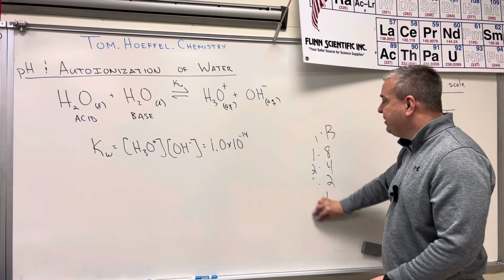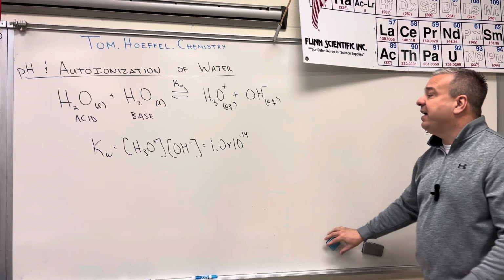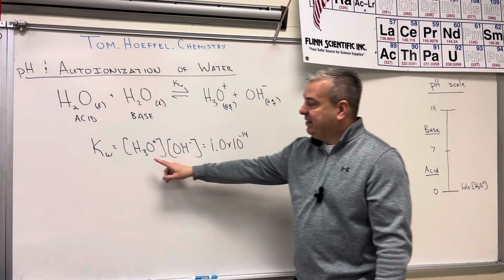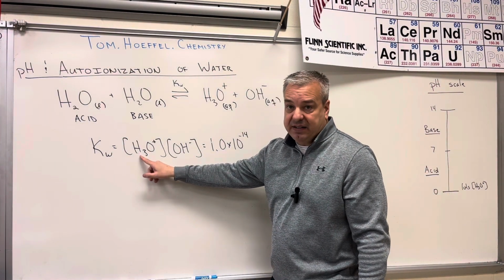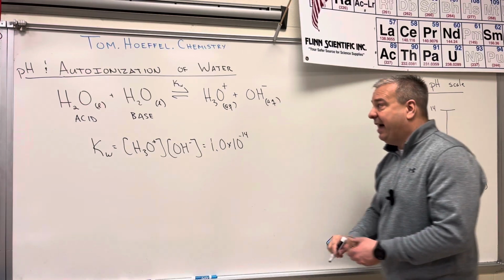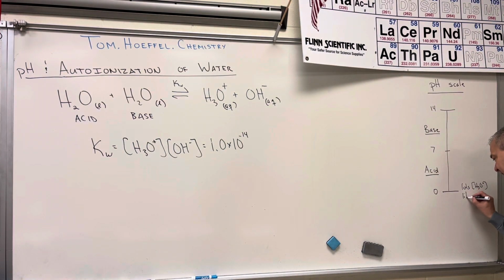So on our pH scale, what I do know is that at the very bottom of the pH scale there are lots of hydronium ions. If there's a high concentration of hydronium ions, then there has to be very little of the hydroxide ions. So I'm going to put that down here too: very little of the hydroxide ions.